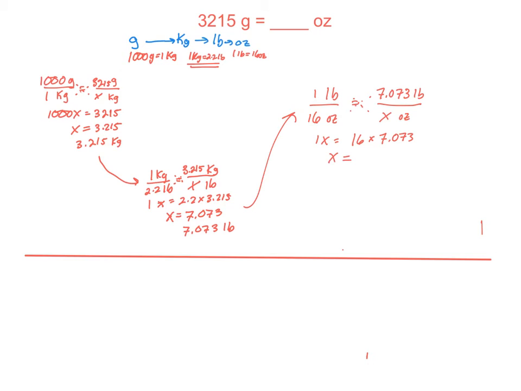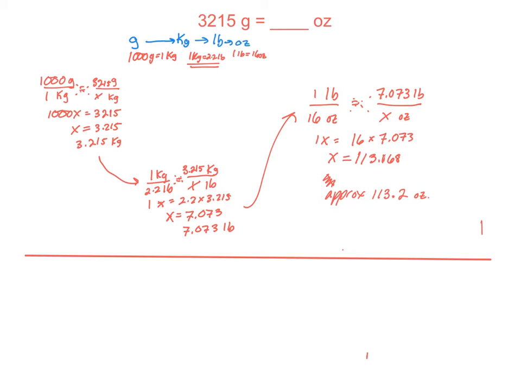And when you multiply 16 times 7.073, you get 113.168. Now I'm going to round this to the tenths place. So we'll say that this individual weighs approximately 113.2 ounces.